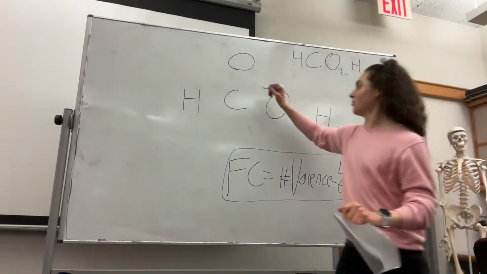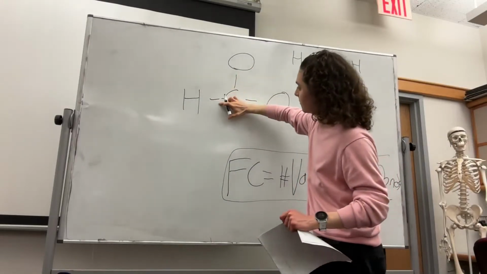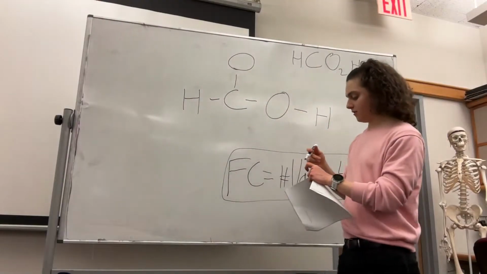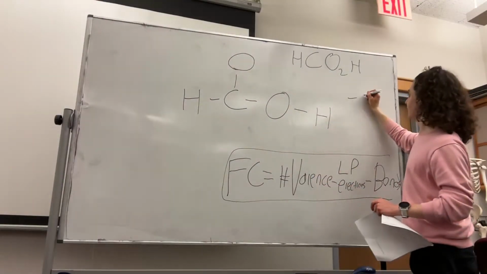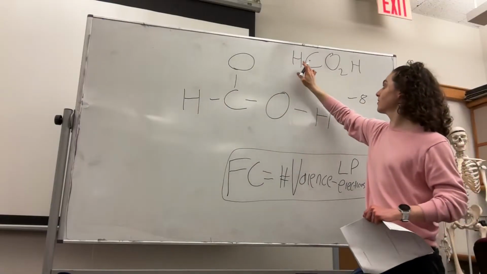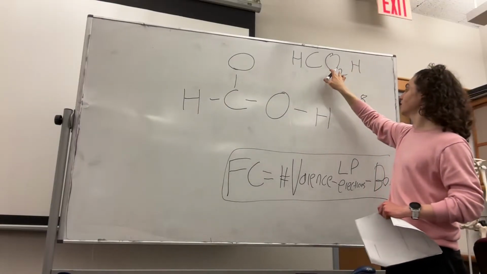Okay, so I do my single bonds, and then I do my electron count. So I connected 1, 2, 3, 4, 5, 6, 7, 8. So whatever it is, it's going to be minus 8. And now let's tally up how many electrons we start with. So 1, 4, 6, 1, and we have 2 of the 6.